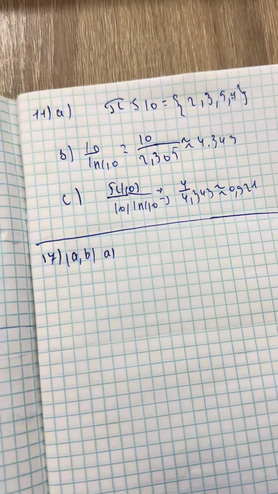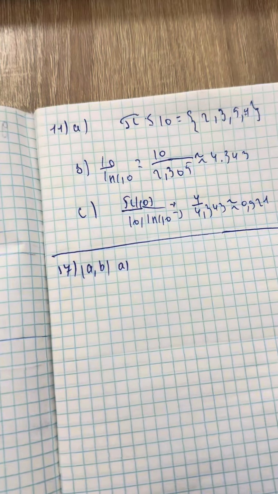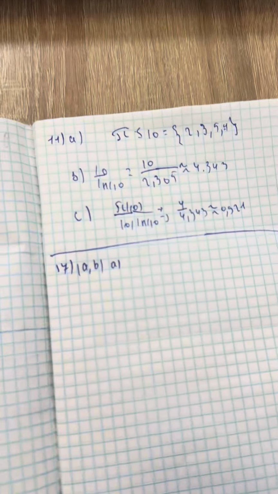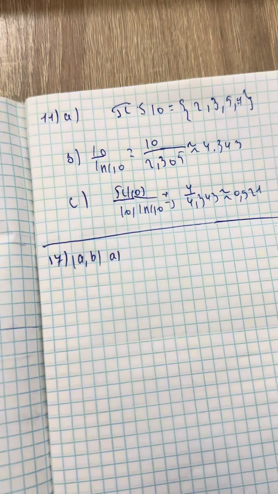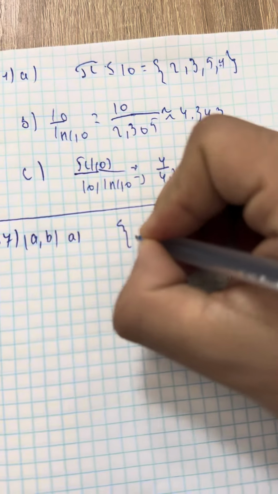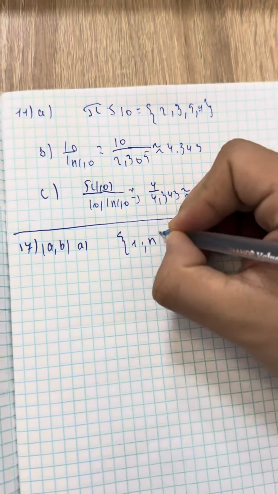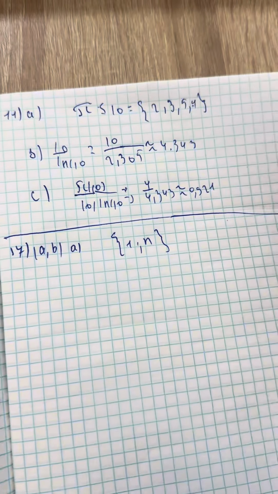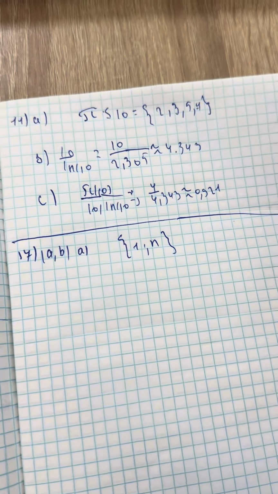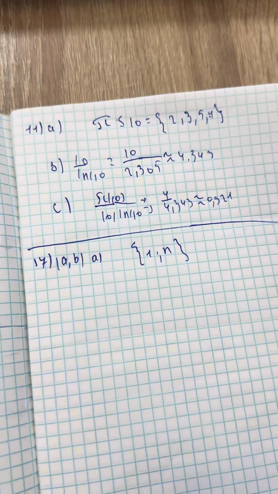We need to describe those natural numbers n for which the number of divisors is 2. So let's try it. Divisors of n are always at least 1 and n, if n is greater than 1. Every natural number greater than 1 is divisible by 1 and itself.